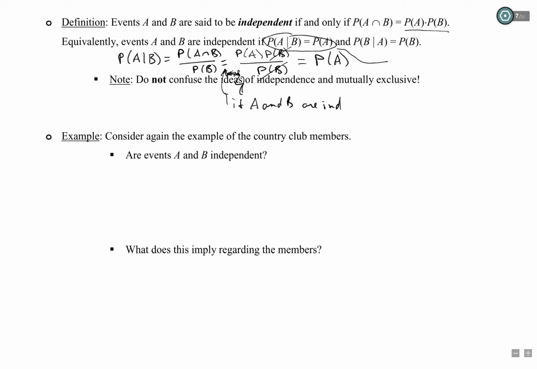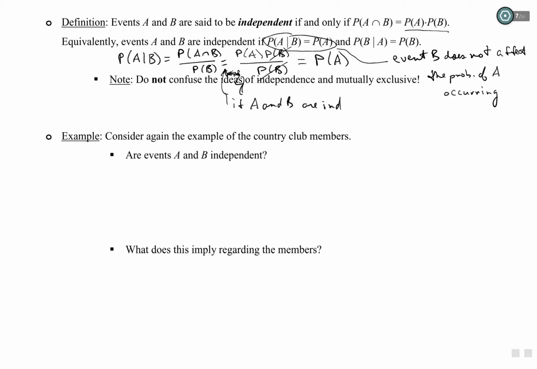So let me write this out. Let me flesh this out. This says here that event B does not affect the probability of event A occurring. All right. They are independent.